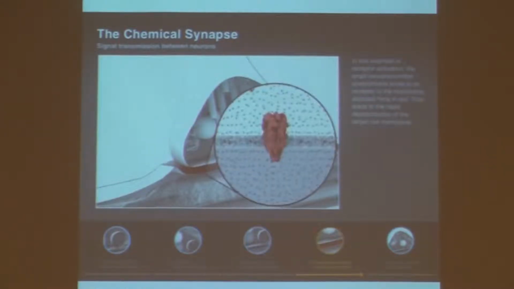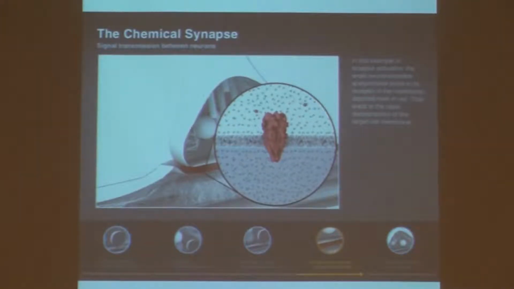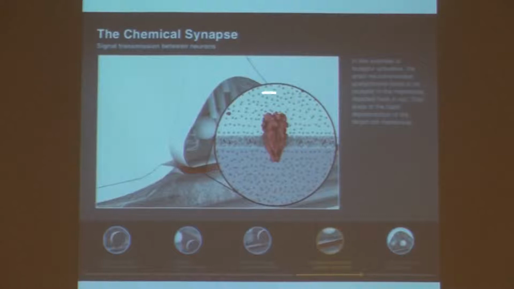In this example of receptor activation, the small neurotransmitter acetylcholine binds to its receptor in the membrane, depicted here in red. That leads to the rapid depolarization of the target cell membrane. So there's a channel, and the red guys were these neurotransmitters, and when they bind to this channel, this is a postsynaptic cell, this is the synaptic cleft, the space here, then there is some exchange of ions.